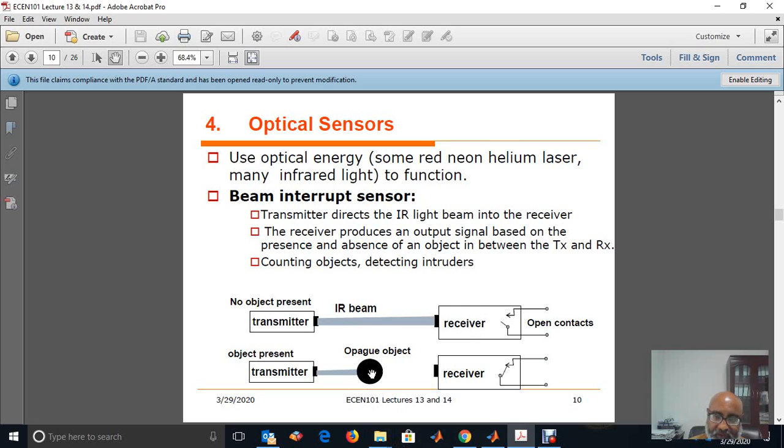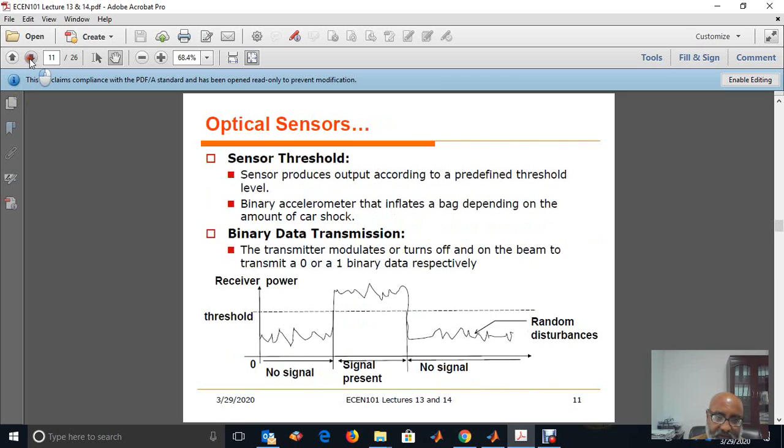The sensor will count the number of packages passing between the transmitter and the receiver beam. When the beam is interrupted, that means there is a package, so the counter will count. If the beam is not interrupted, there is no package and it will not be counted.